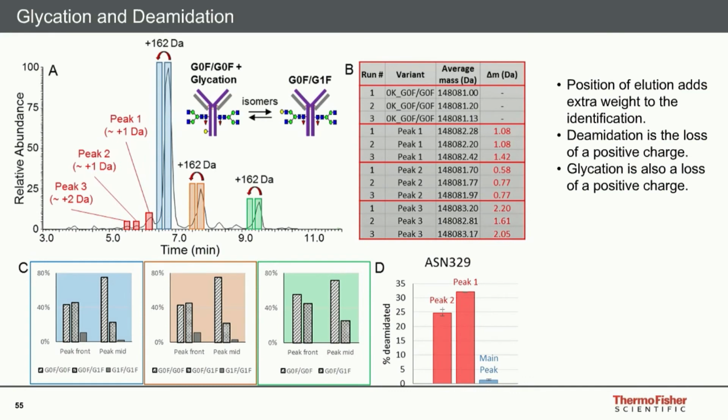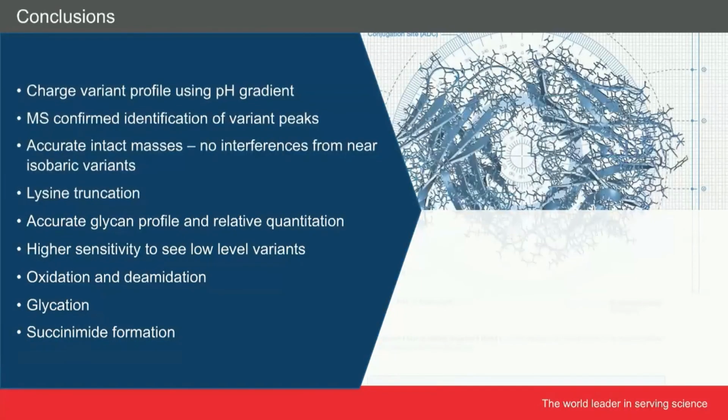That already brings me to my conclusions. I hope I was able to show you the entire workflow, starting with the column, discussing the buffer system briefly, also the chromatography, the pH gradient, the volatile salts, then the mass spectrometry, the data at different levels, and how it brings accurate masses and very high confidence results, enabling us to interpret all the data and confidently annotate the entire chromatogram, finding many different charge variants from lysine truncation, glycan profile, oxidation, deamidation, glycation, and also succinimide formation.